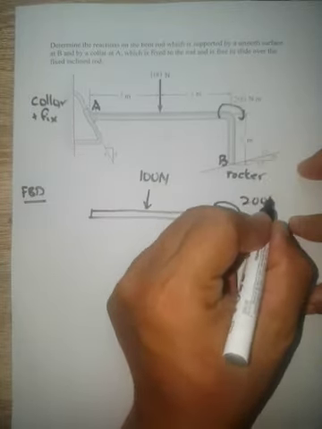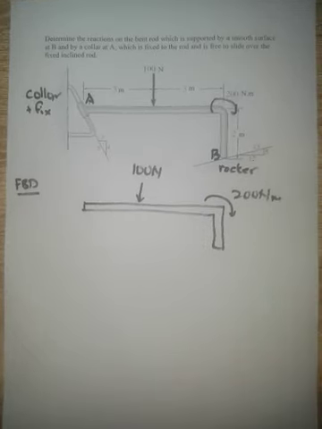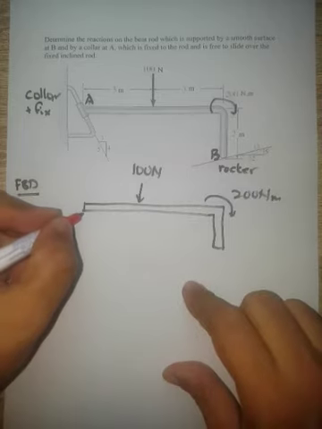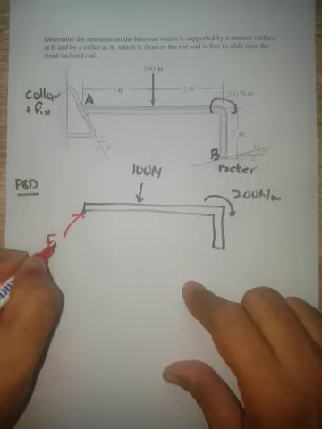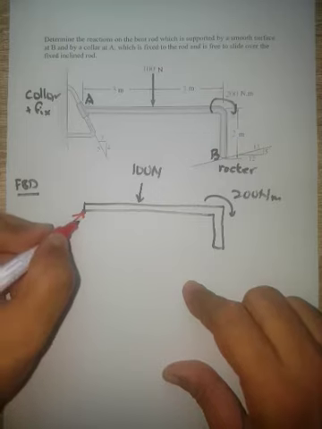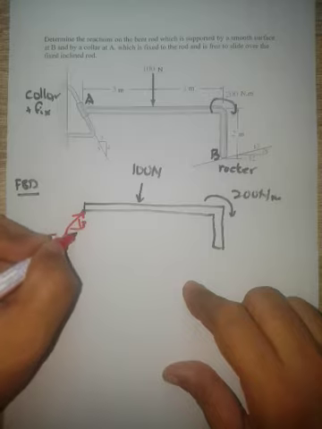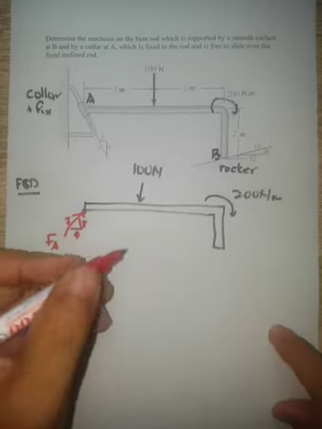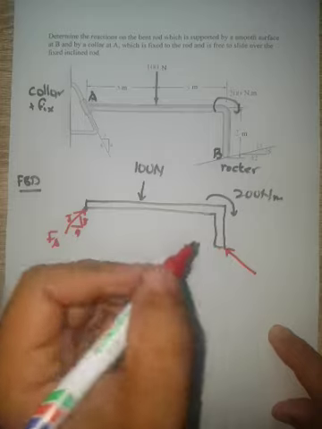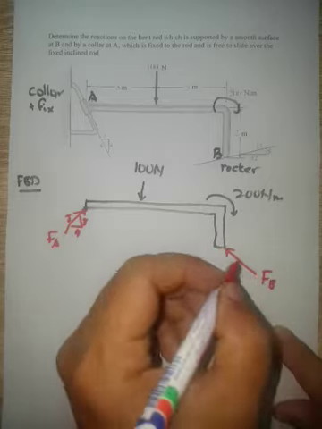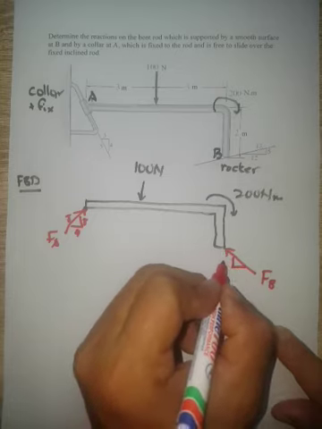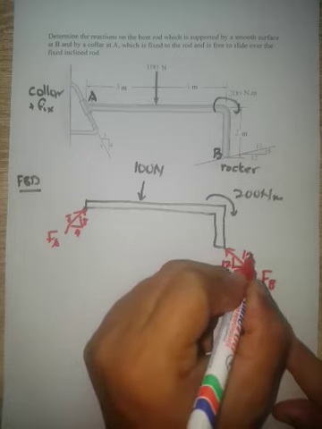Next we have the reaction force at the collar, which we call FA, with the direction of 3, 4, and 5. Here we have another direction at the rocker, which we name FB, with the direction of 12, 5, and 13.